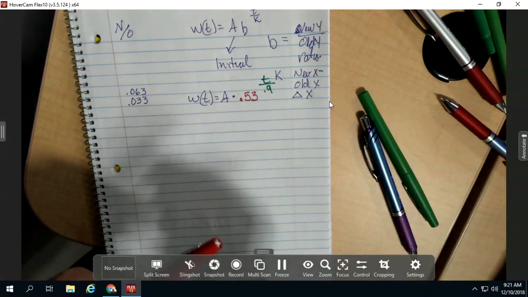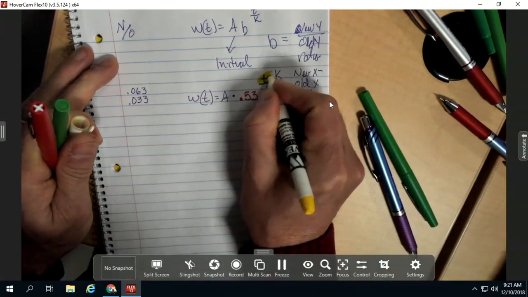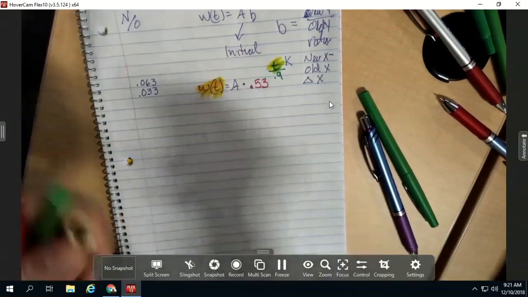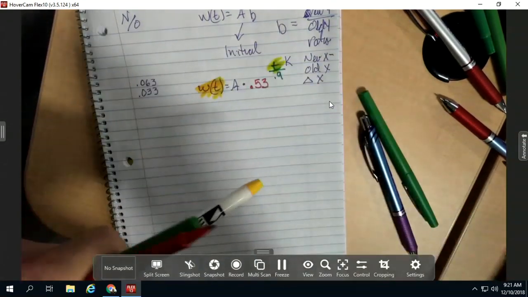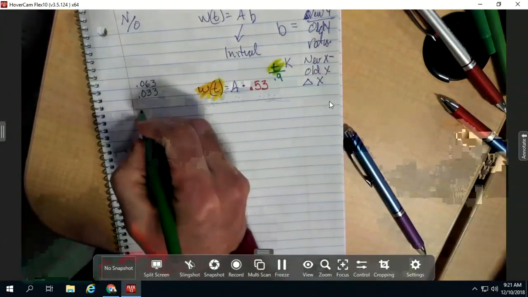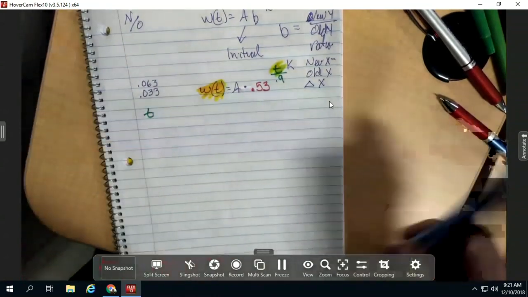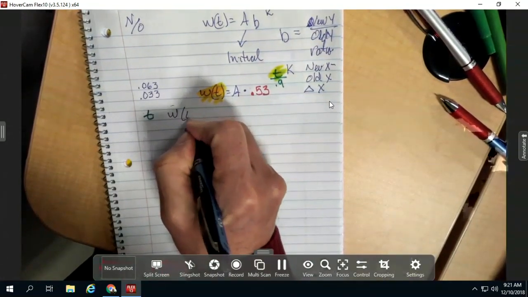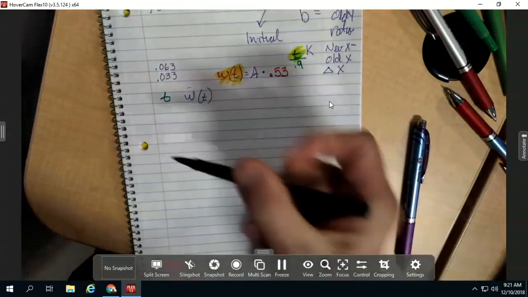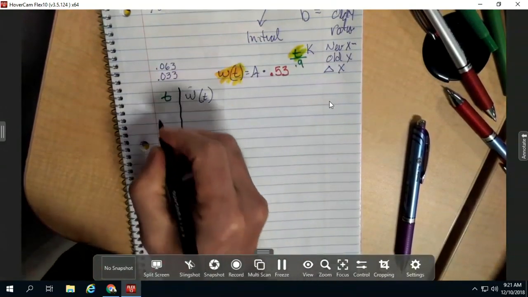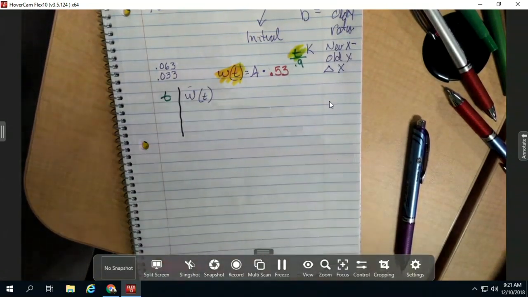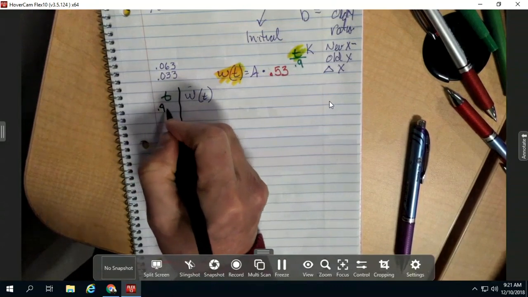So this part here, t, is a value we know from our table. This part here is a value we know from our table, because our table columns are t and weight as a function of t, right? We could use 0.45 as t.